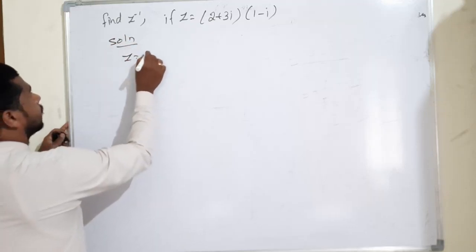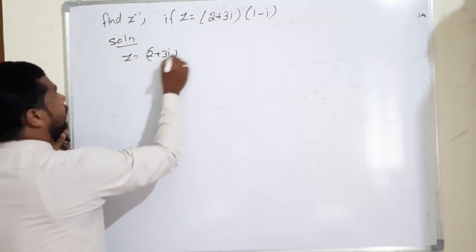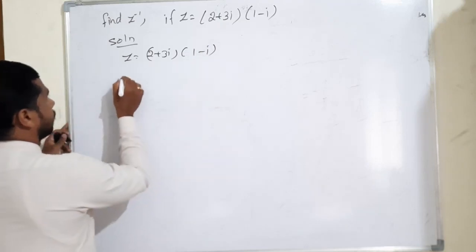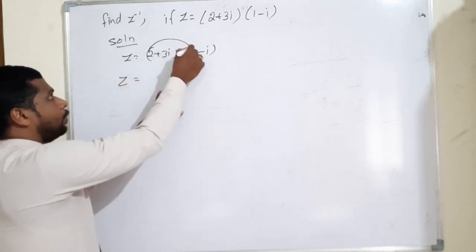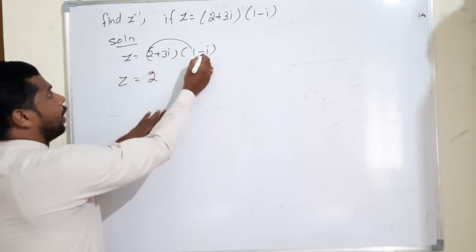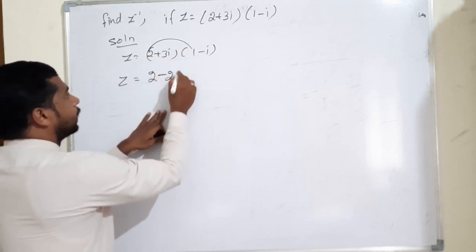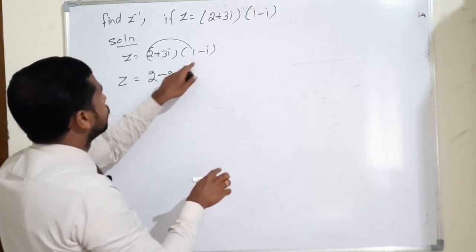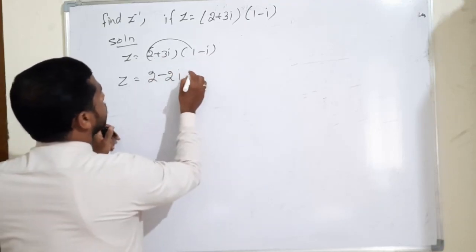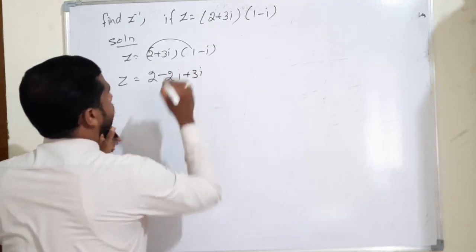Solution. Z is equal to (2 plus 3i) into (1 minus i). First we try to write it in standard form, real and imaginary, so first remove the bracket. 2 into 1 is 2, minus i into 2 is minus 2i, then plus 3i into 1 means plus 3i.